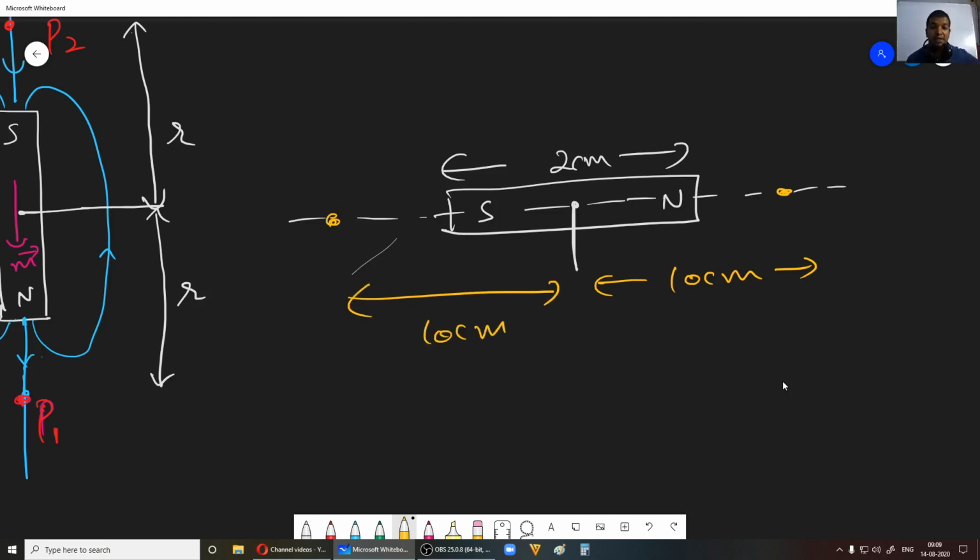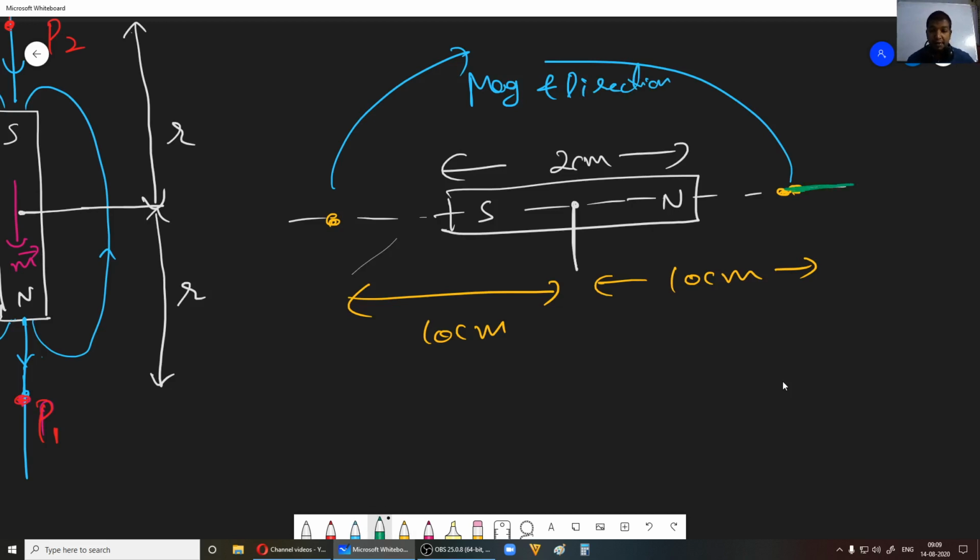What you will find is that the magnitude and direction of the magnetic field will both be the same at both points.